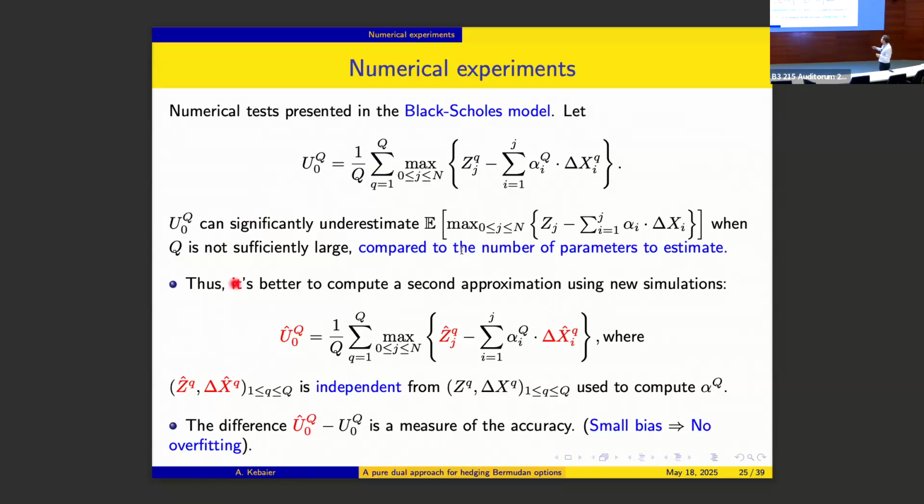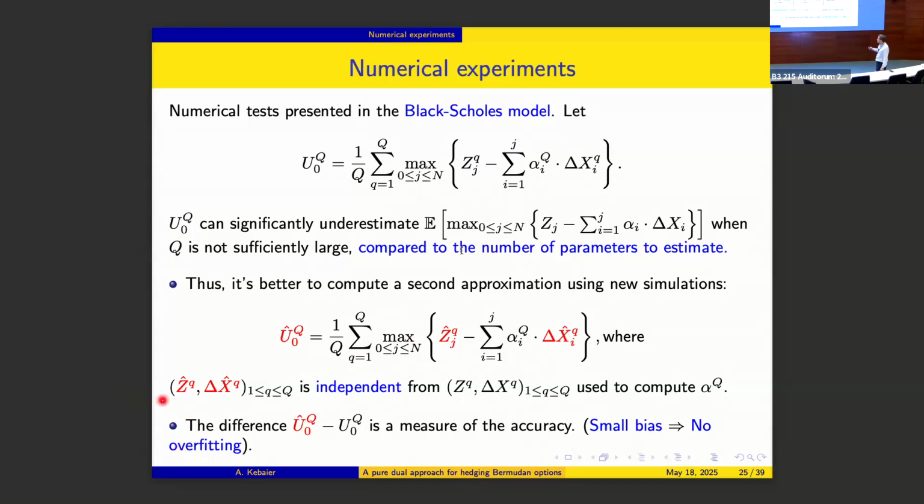From this came the following idea. We start from a very large Q, to avoid overfitting, and approximate the alpha coefficients. Once I have the coefficients, then I can move to a smaller sample, because I learned the alphas, then I can simply plug them in the same problem, but with independent paths.